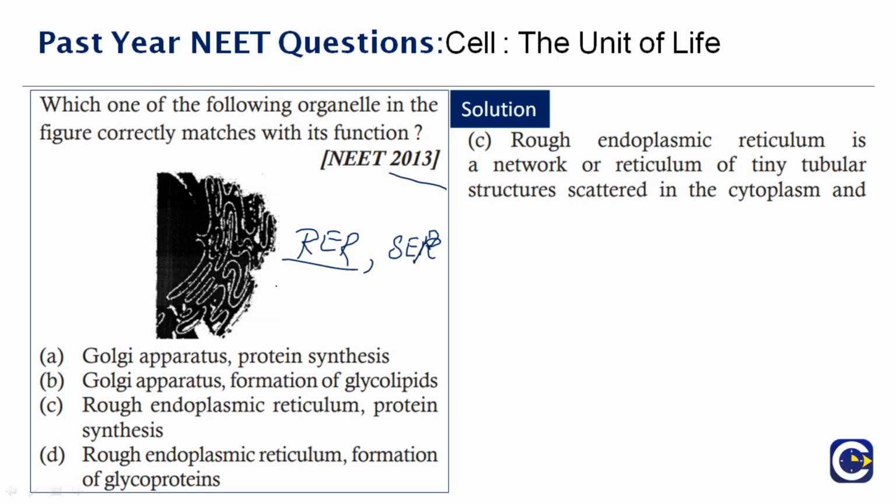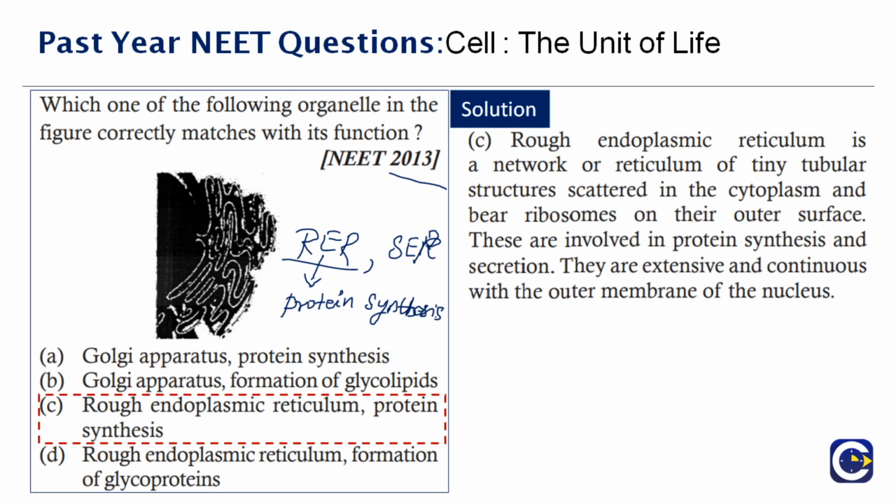This particular picture represents the rough endoplasmic reticulum. The smooth endoplasmic reticulum is responsible for one activity, and likewise the rough endoplasmic reticulum is responsible for protein synthesis.